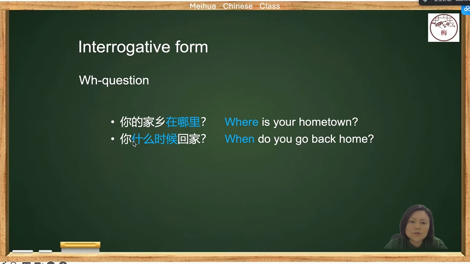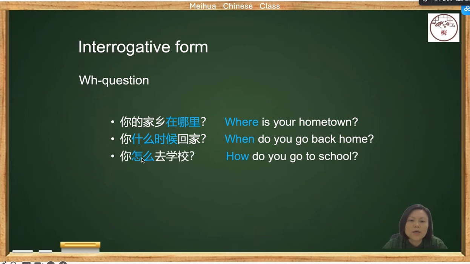So we say 你什么时候回家? You what time go home? But in English, we should put the what time at the beginning of the sentence. What time do you go back home? Or when do you go back home?